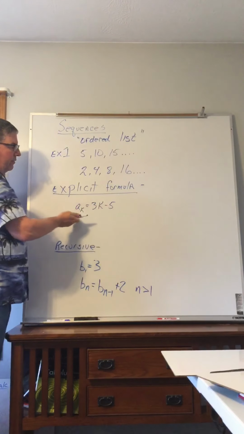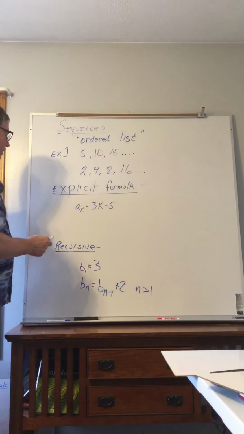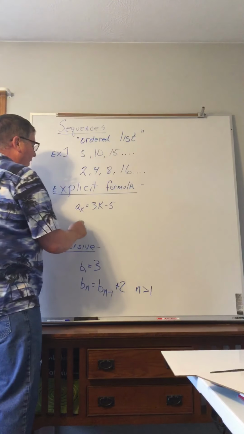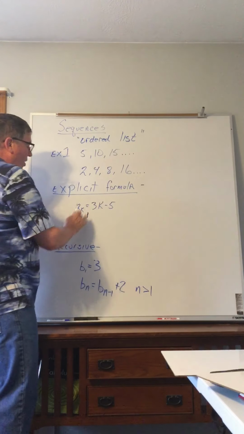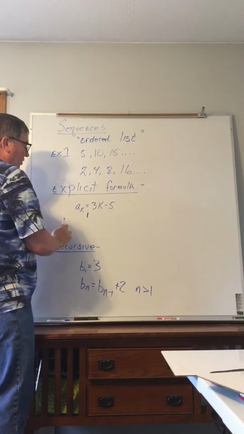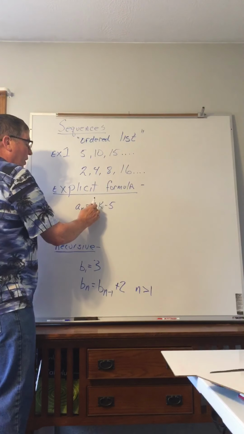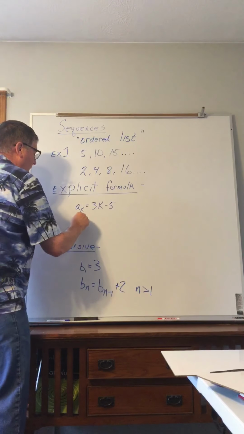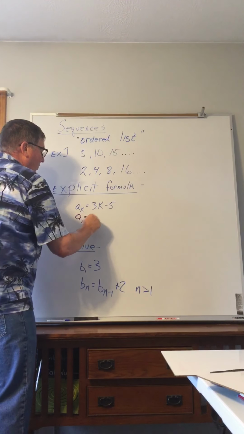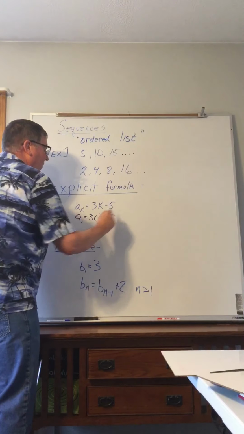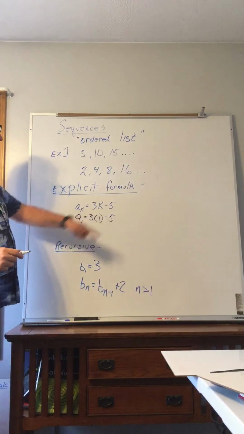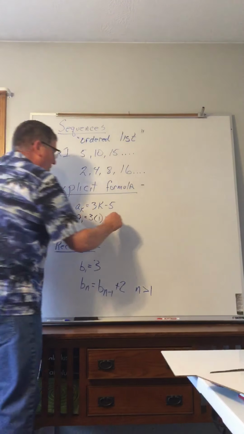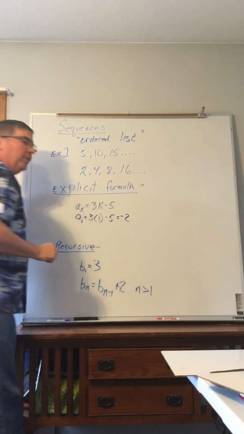This is an explicit formula for a sequence. If we go ahead and put 1 in, the first term is 3 times 1. Let's go back and do it the long way once. The first term is 3 times 1 minus 5, which is -2.